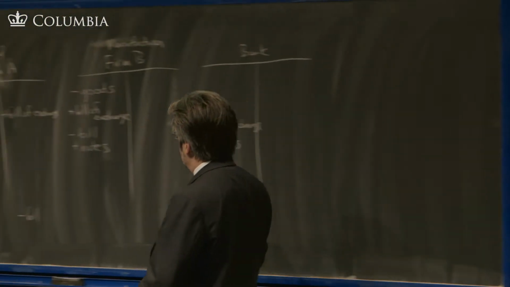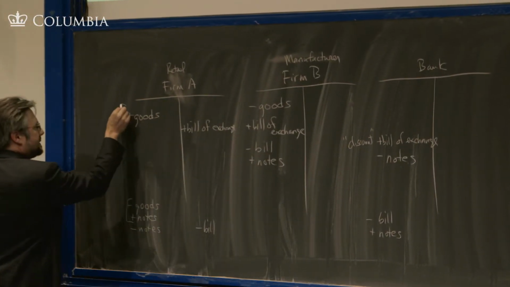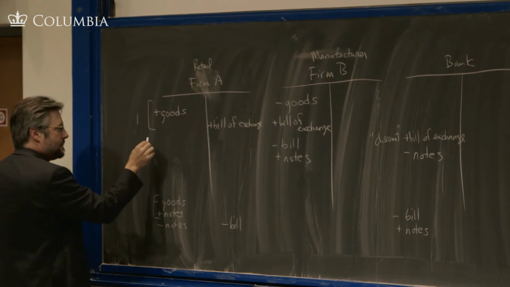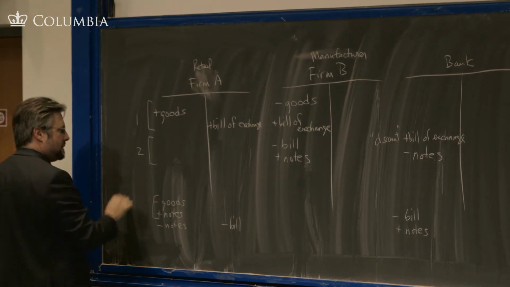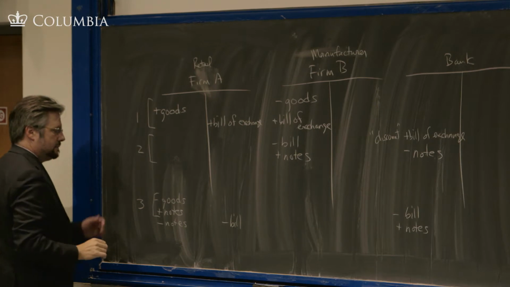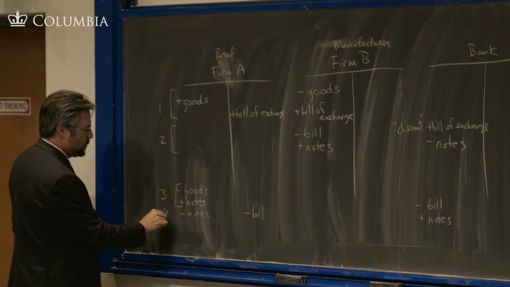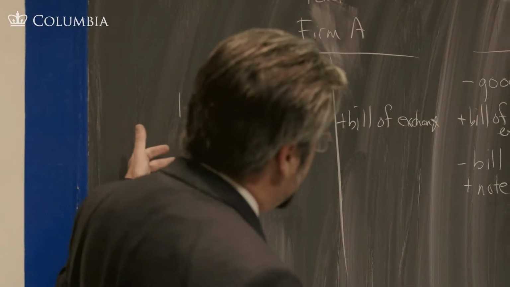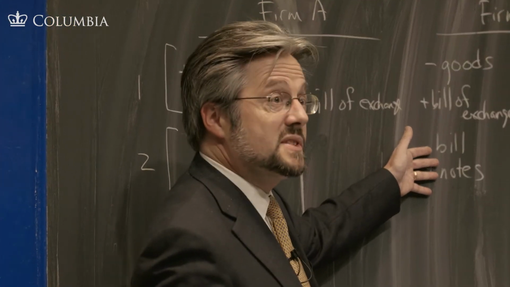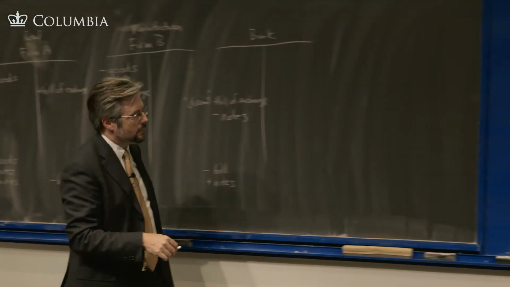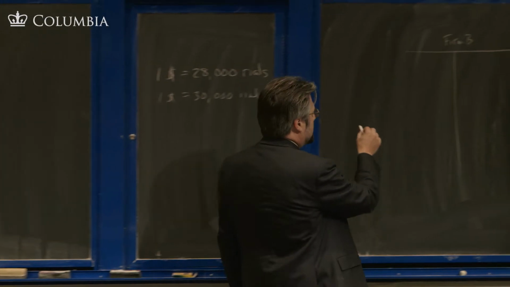So let's just keep our timing. This is step 1, this is step 2, and this is step 3. And I suppose this is step 4 down here. So I'm talking here about alternative forms of step 2. So I'll put them at the same level here.